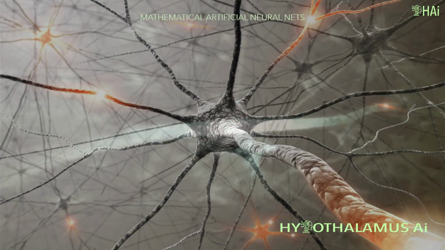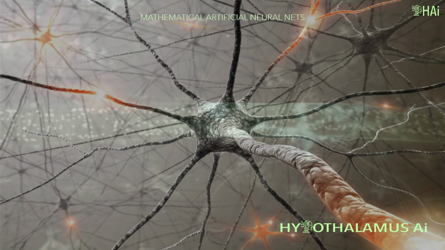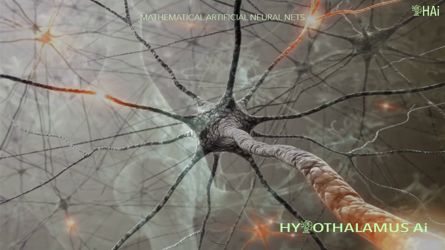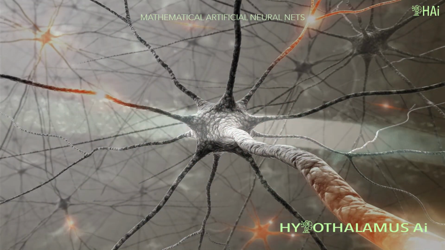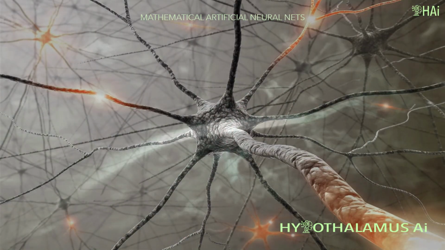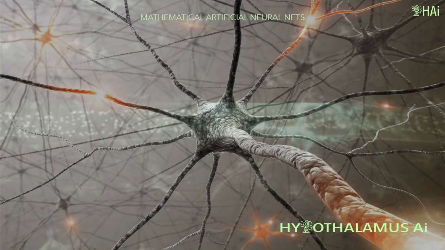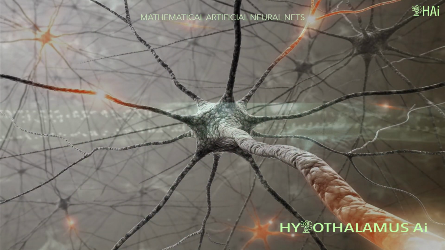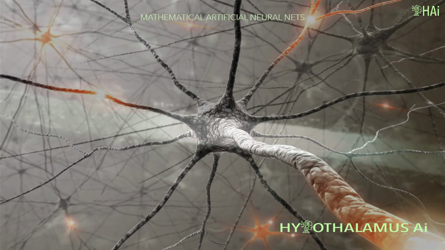From the traditional artificial neuron, to build artificial brains, HI has created a new type of neuron, the mathematical artificial neuron. The objective is to integrate the information from the artificial cortex with the communications and actions that the artificial hypothalamus must perform.